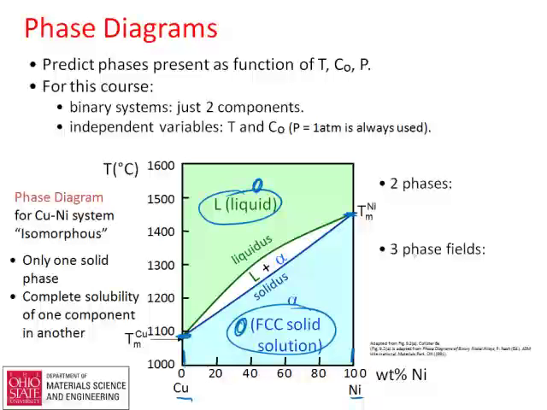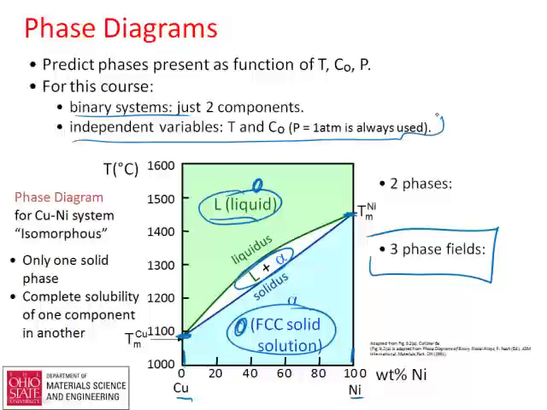And we've got three phase fields, meaning the liquid phase field, the solid solution phase field, and then single-phase regions are always separated by two-phase regions, liquid plus alpha being the two-phase region in between. So again, this is a binary system with two independent variables, temperature and composition.